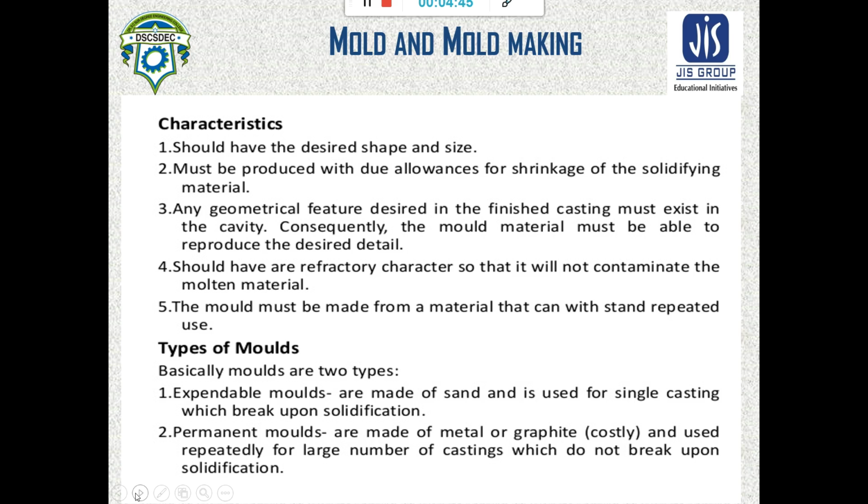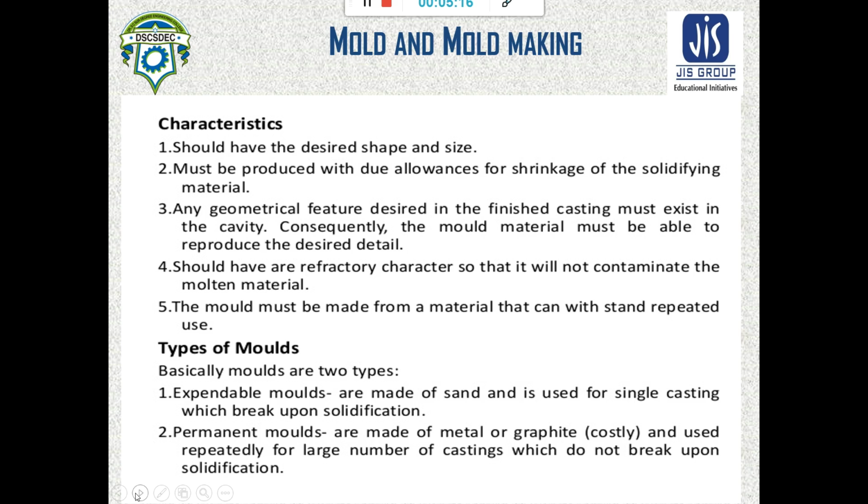So these are the properties of the mold cavity, right? The mold cavity should have the desired shape and size. It should be produced with due allowances, such as shrinkage allowance for solidification of the metal, and any other geometric feature that is desired in our finished product should exist in the mold cavity, and consequently the mold material must be able to reproduce the desired detail.